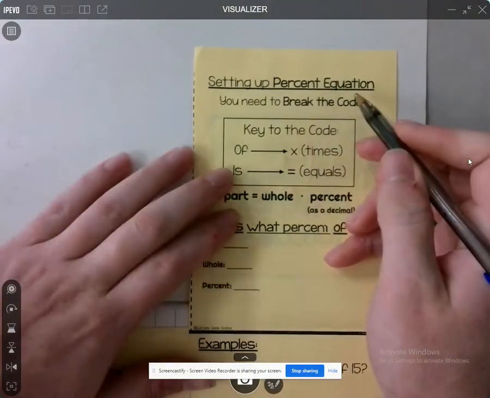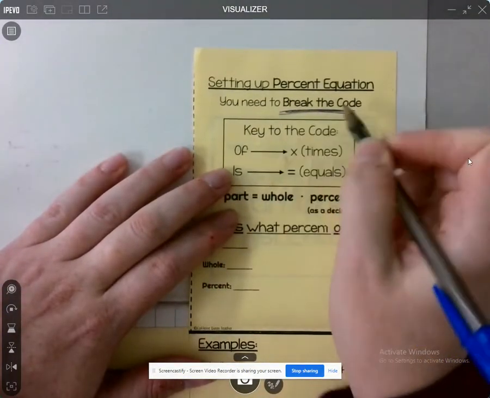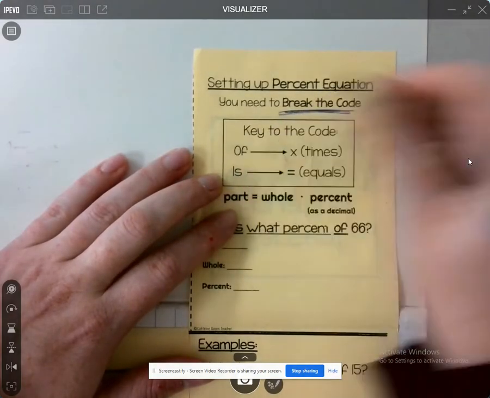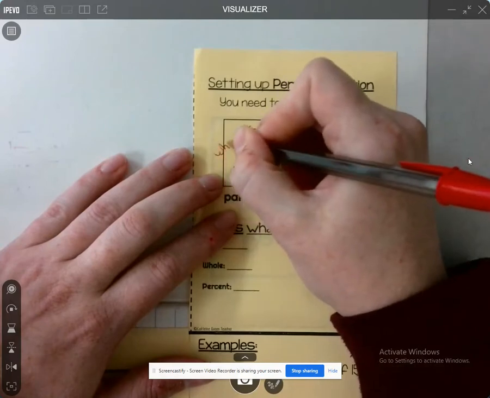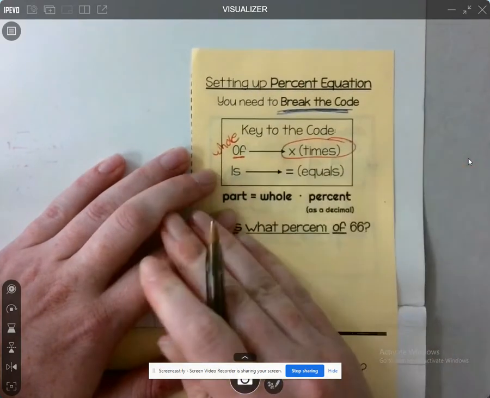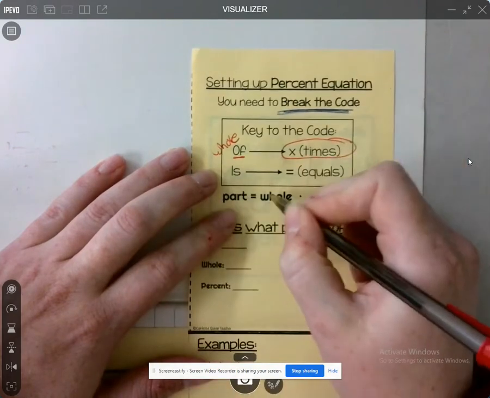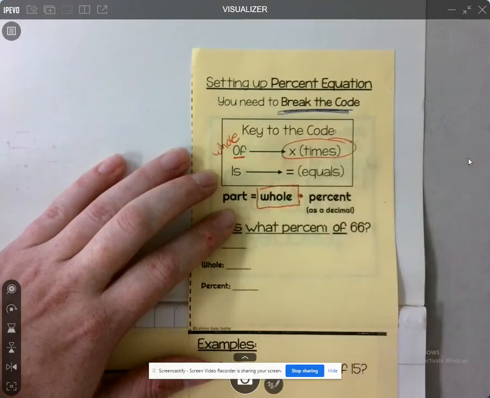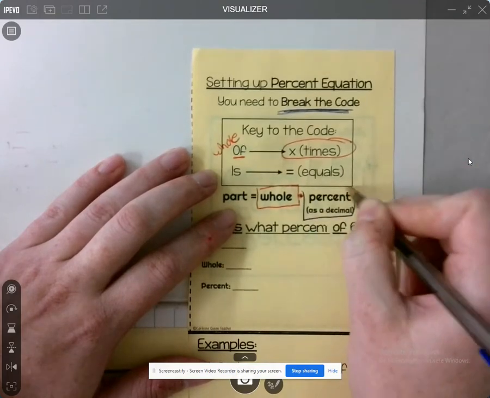Setting up a percent equation, we need to break down the code. There's certain code words. You know that of is related to our whole, and in math, of means times or multiplication. Notice in our equation, our whole is being multiplied by our percent as a decimal.